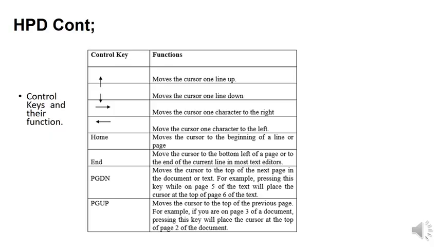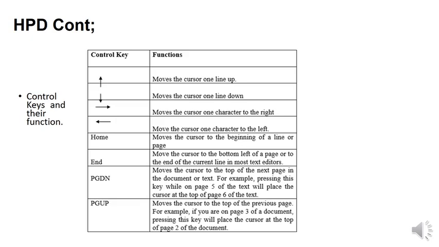So then we also have the keys for console control. Are you with me? Look at the arrow keys. The up arrow is to move the cursor up, down is to move it down, and the side arrows move it left and right. Home moves the cursor to the beginning, and End moves it to the last.